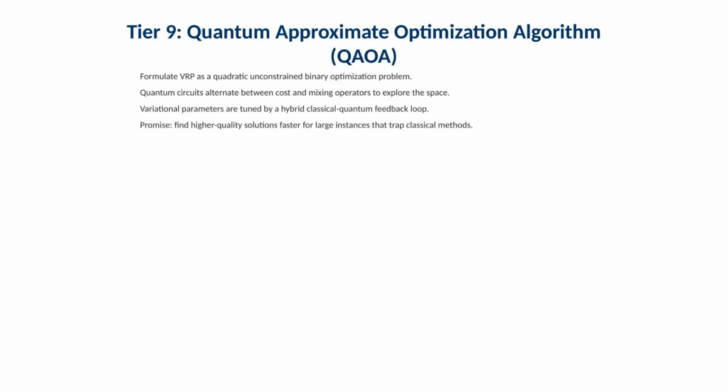Tier 9 introduces the quantum approximate optimization algorithm. The problem is converted into a quadratic binary form that quantum hardware can evaluate using hybrid optimization. The method alternates between cost-focused and mixing operations, and a classical loop tunes parameters. The promise is faster discovery of high-quality solutions for very large instances where classical methods struggle.